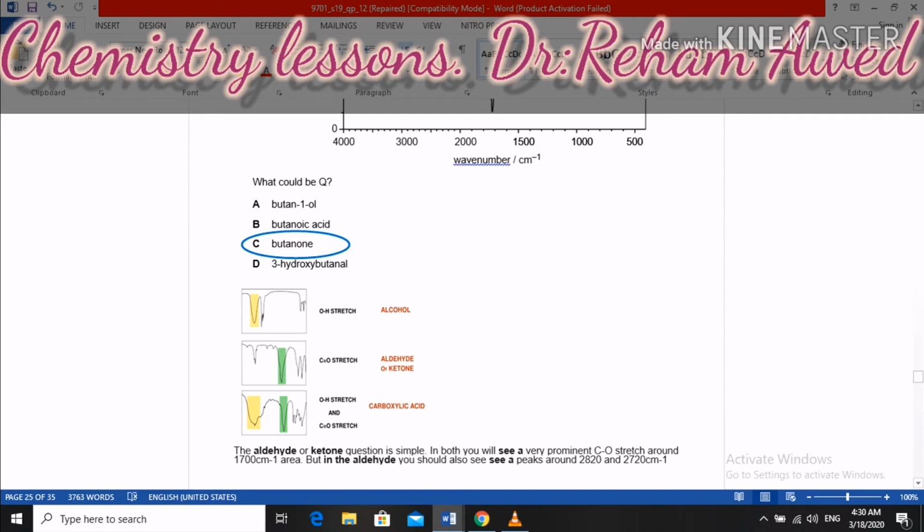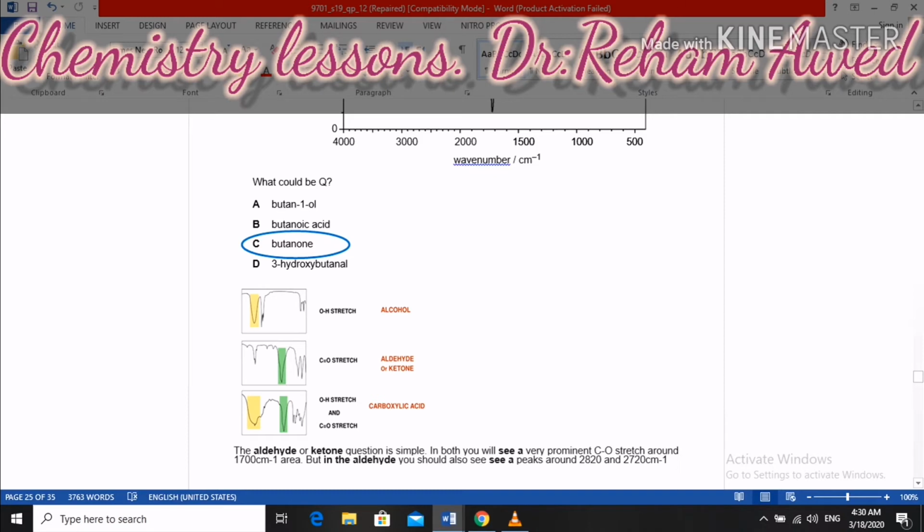Of course, in carboxylic acids we also have a carbonyl group, so we will find C=O in the same region. But take care, in the case of carboxylic acid, we will have a very broad band for the OH group, OH stretch, more than 2000.